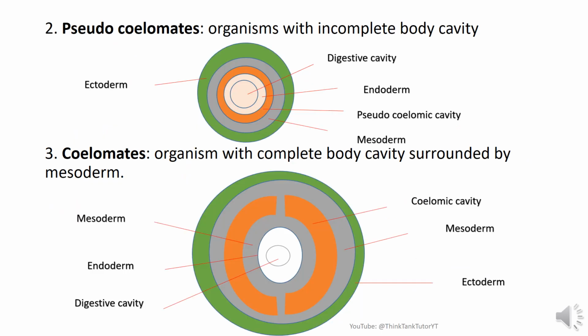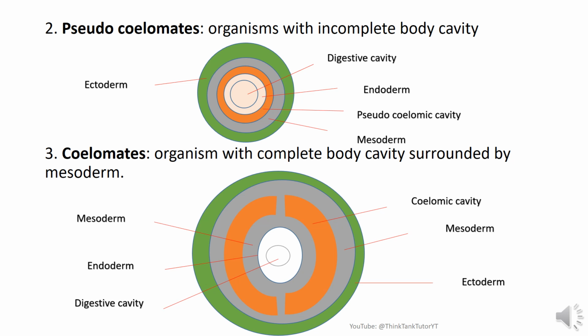Pseudocoelomates are organisms with an incomplete body cavity. As you see in the diagram, they have those three layers, ectoderm, mesoderm, and endoderm, with a pseudocoelomic cavity and a digestive cavity. They are said to be pseudocoelomate because that body cavity is not complete.